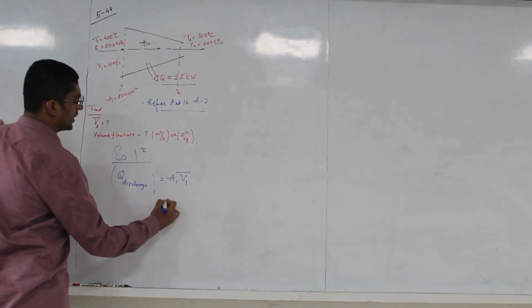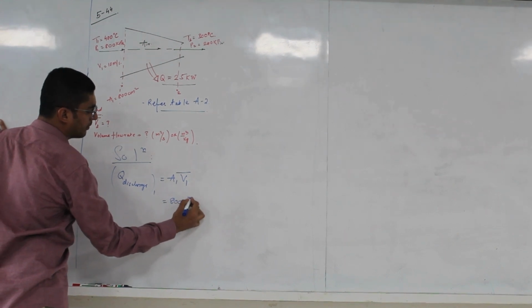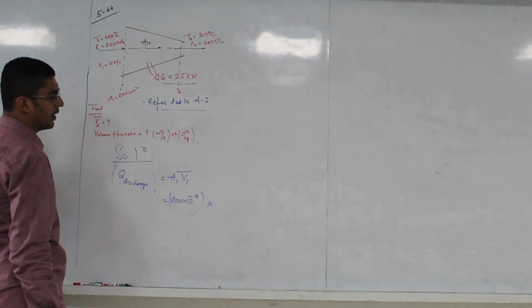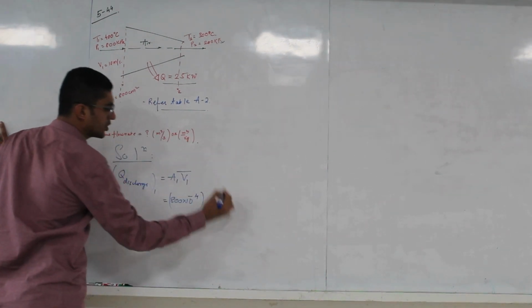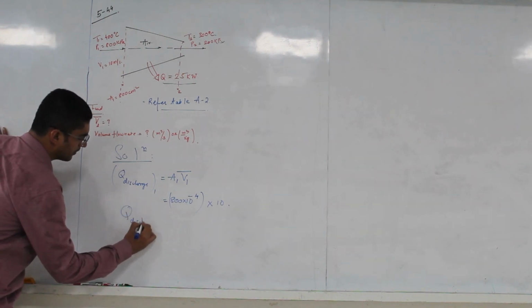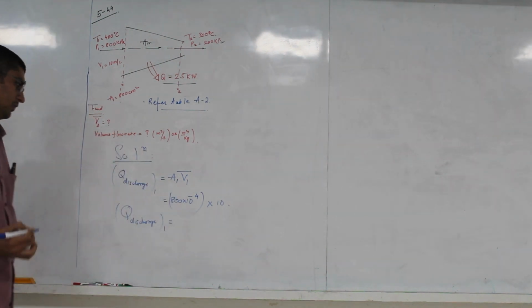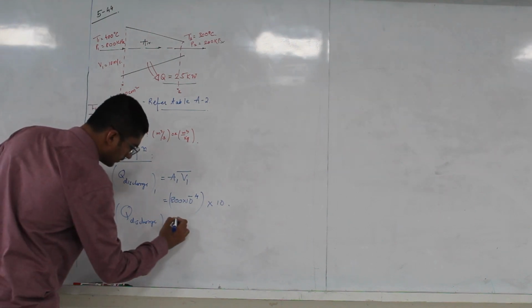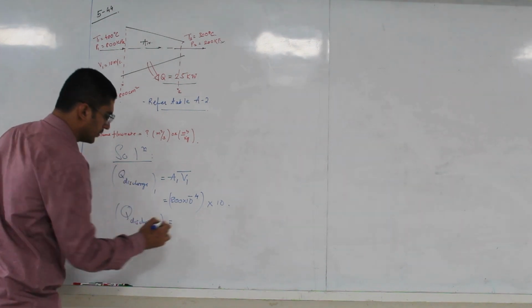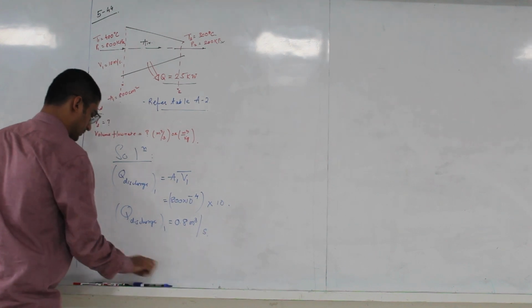Area at point 1 given is 800 centimeters square, so this is 800 into 10 to the power minus 4 multiplied by V1 bar, velocity at point 1, which is 10 meters per second. So the value of Q, discharge at point number 1, is equal to 0.8 meter cube per second.